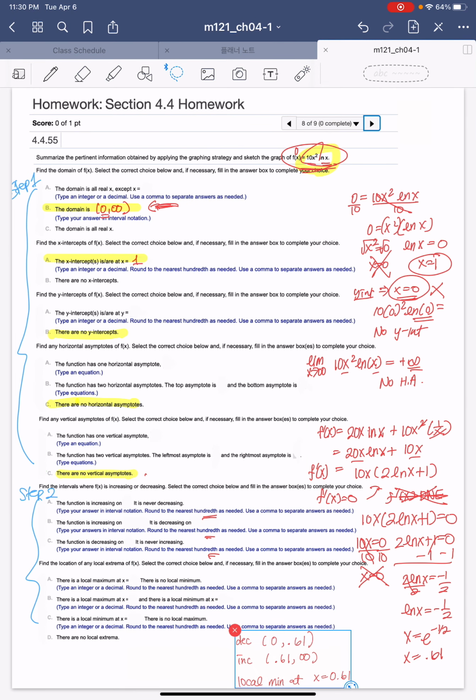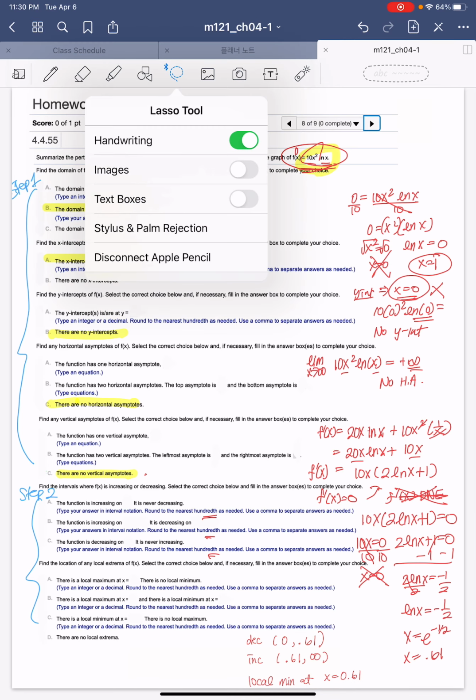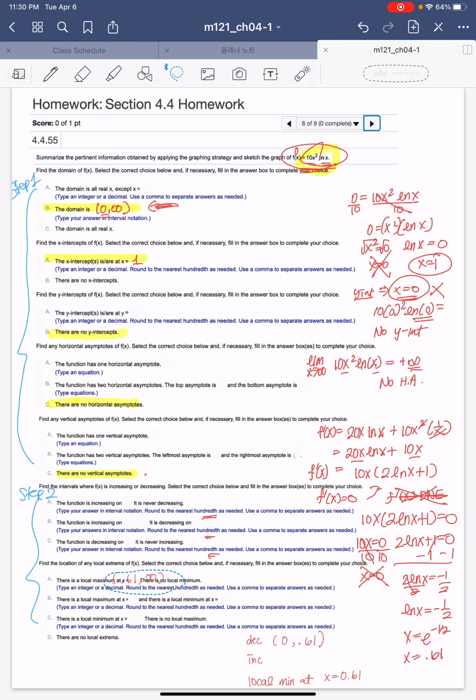This is what we found, so let's put it in. First question is increasing, decreasing. So I have increasing right over here, and decreasing right over here. Let's resize to fit it, and then let's highlight it.